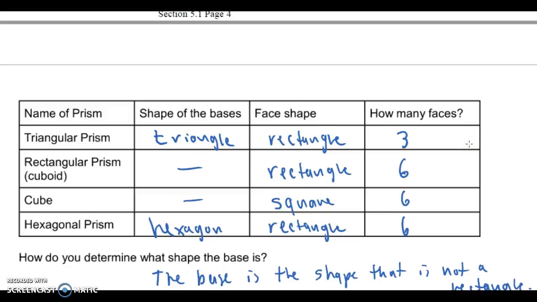So in a triangular prism, a rectangular prism, a cube, and a hexagonal prism, all the lateral faces are rectangles. The bases, though, are going to be whatever shape the prism is.